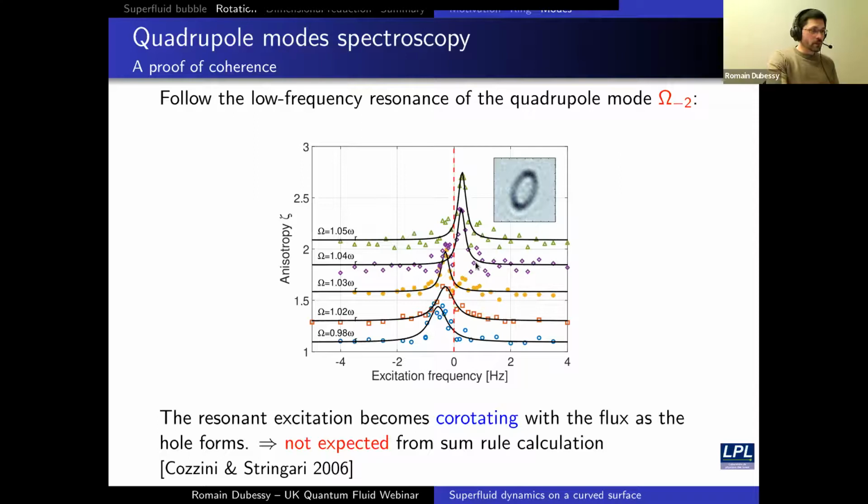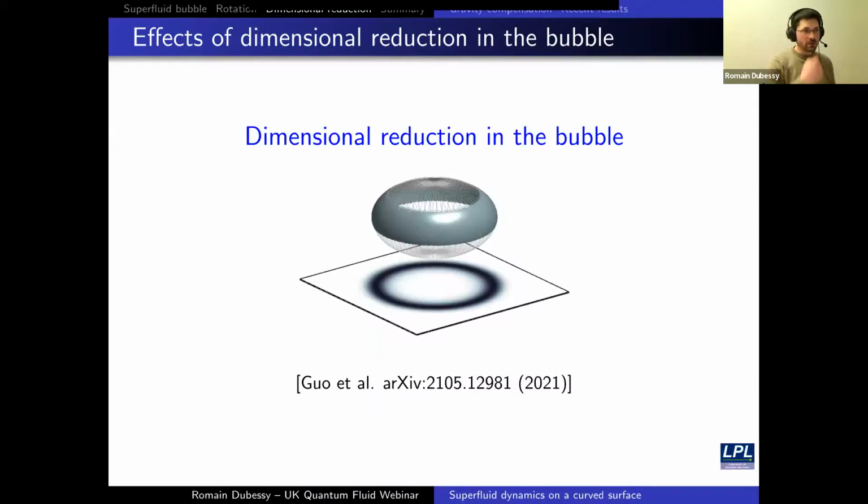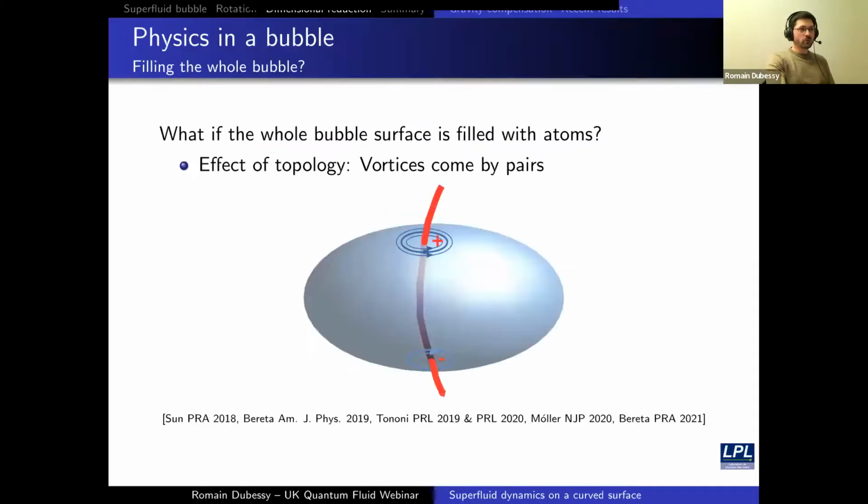In the remaining few minutes, I would like to discuss rapidly what we have seen about dimensional reduction on the surface. Why do we want to look at this problem? If you have this curved surface, this eggshell trap, and you manage to fill it with a superfluid, then you will have interesting topological effects. For example, vortices must come in pairs, which has consequences on, for example, Berezinskii-Kosterlitz-Thouless physics on this surface.